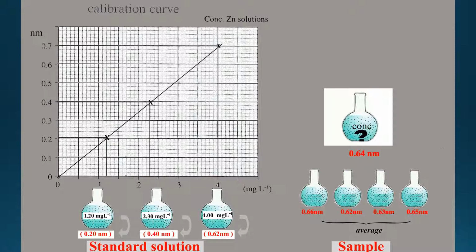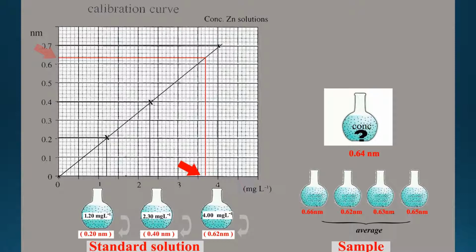Now I'm going to use this number, put it onto the calibration curve and project like this. So I'm projecting this number onto this straight line from the standard solution that we drafted. Now you read, here is the value.